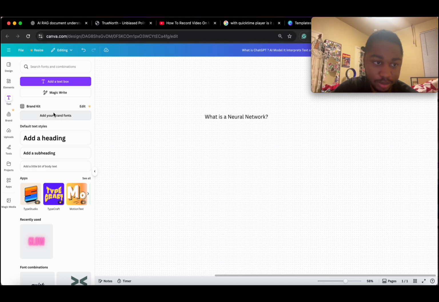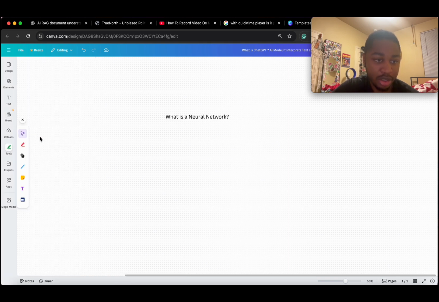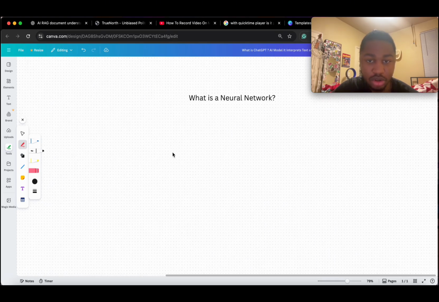So, essentially, a neural network is an algorithm that's derived from the human brain. So, in your human brain, let's think about how we think, right? We think with our brain, obviously, and our brain has neurons. Our neurons store some sort of information and send it to some other neuron, right?